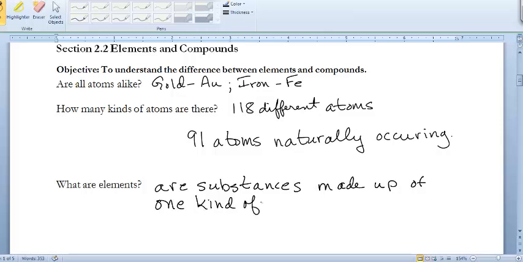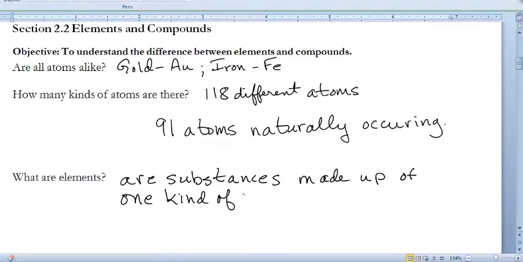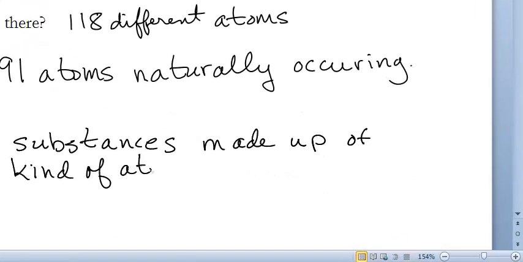So when I talk about a carbon atom, there's only one kind of carbon atom. And gold, likewise, silver, iron, all these different atoms are different one from another. And an element is only one kind of atom.